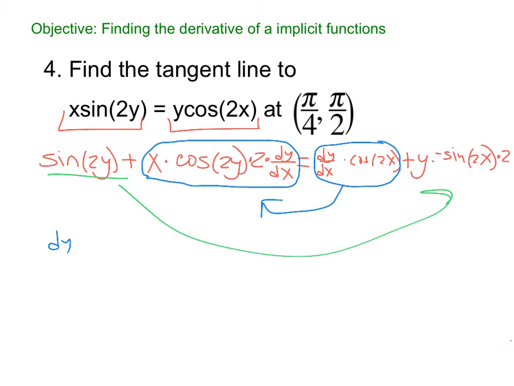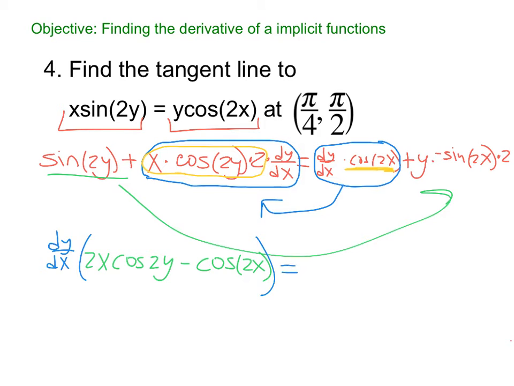So I get dy/dx times, so let's see, I got cosine, I got this. So I'm going to write that as 2x cosine of 2y. And then when I move this piece over, I get negative cosine of 2x.